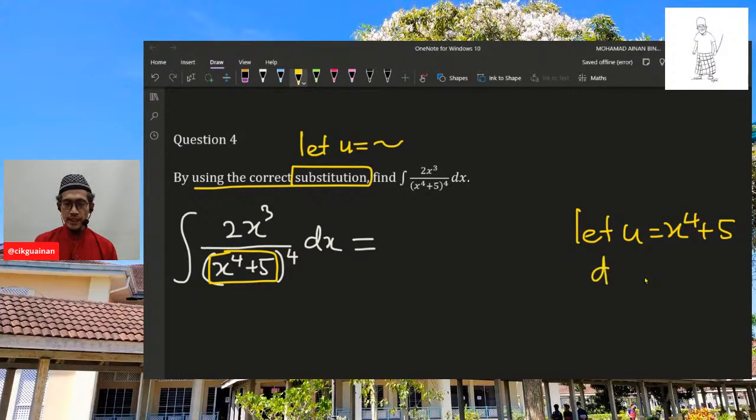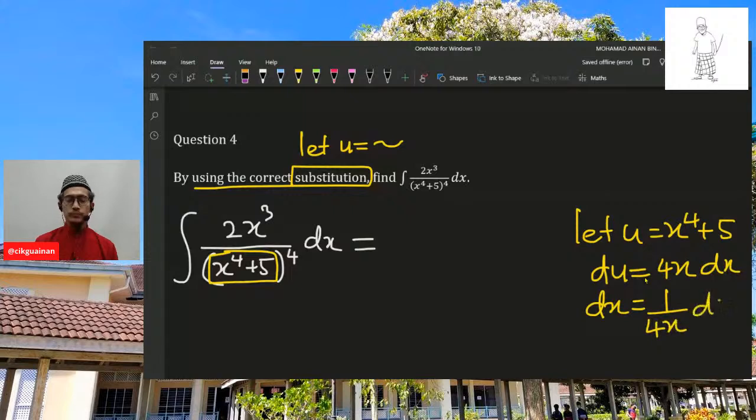Afterwards, we differentiate u: du equals 4x dx. Then we rearrange to get dx in terms of du, so dx is 1 over 4x du.